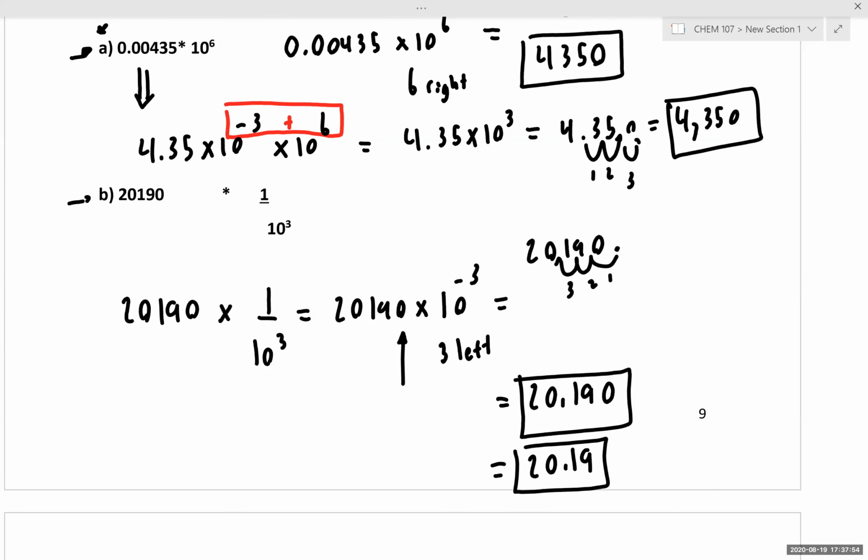And we'll talk more about significant figures later in the lecture. So 20.19 is actually a more correct response for this problem. But in order to have the necessary information to explain why that is, we'll need to talk about a few more topics. But that's a really good question. Thank you for bringing that up. Any other questions that I can address?